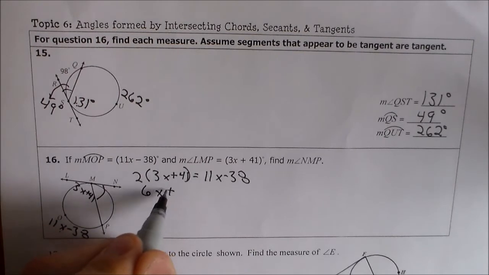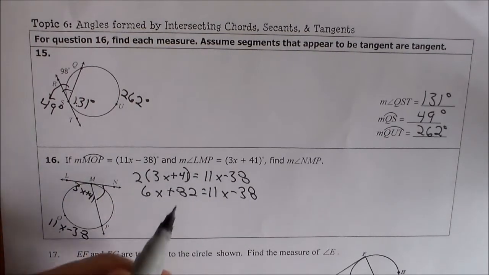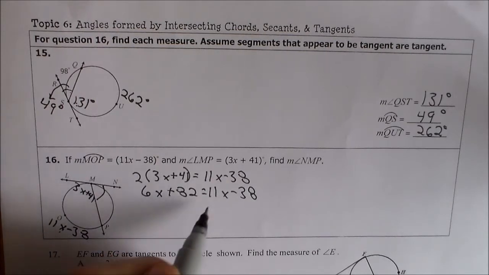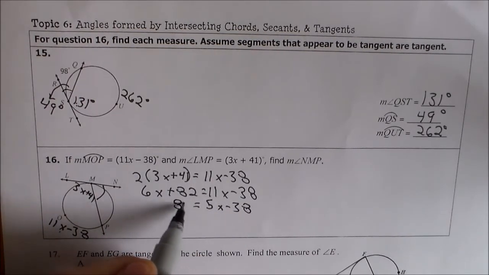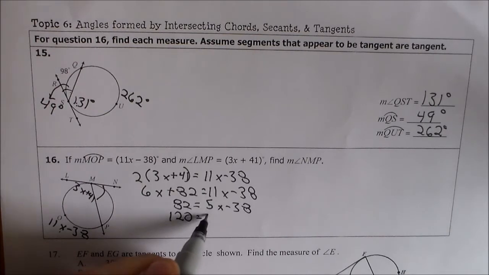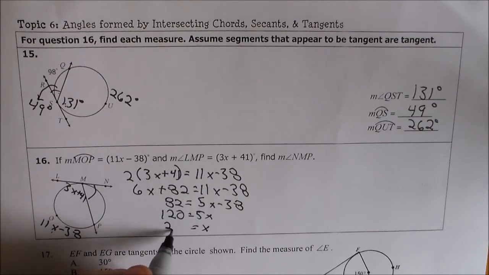So we have 6x plus 82 equals 11x minus 38. Subtract the 6x over, I get 5x. I'm going to add 38 to 82. And I get 120 equals 5x, which gives me that x is 24.